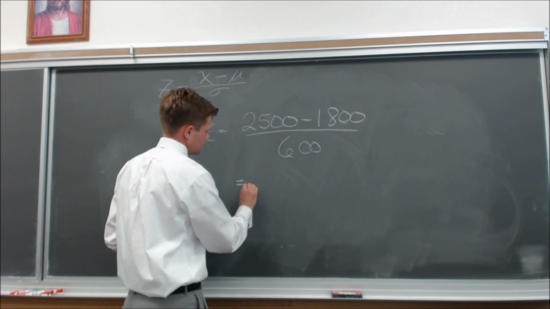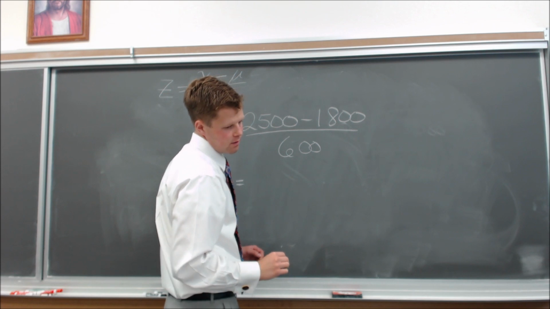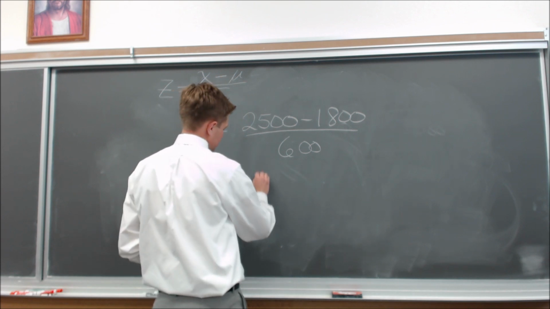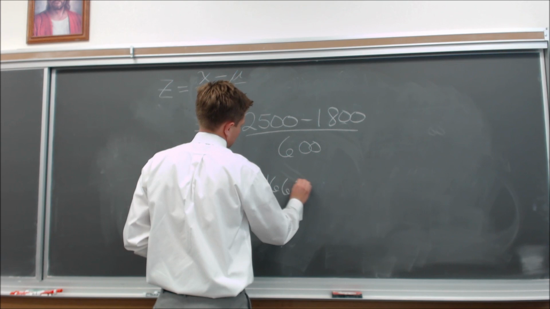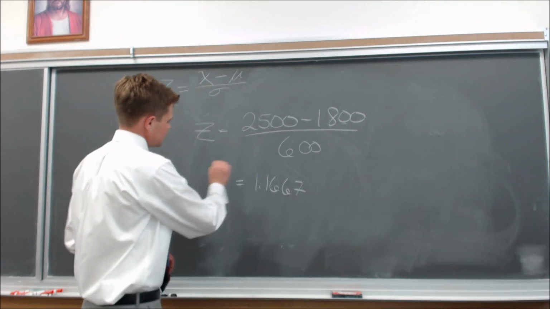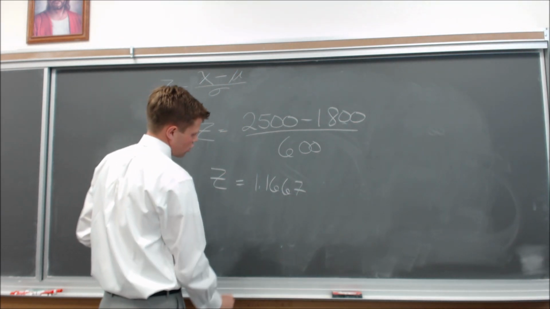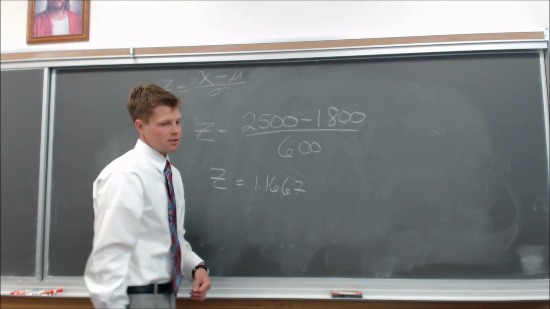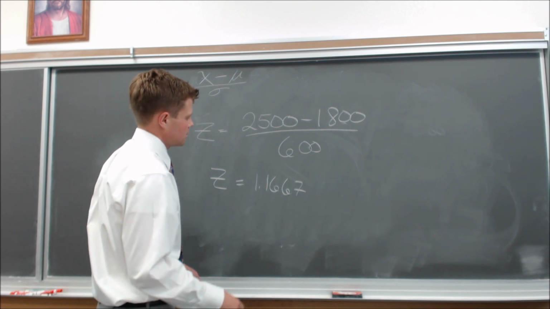Okay, so we plug that into the calculator, and we come out with 1.1667. Okay, so now this is our z-score. So they scored about 1.17 standard deviations above the mean.